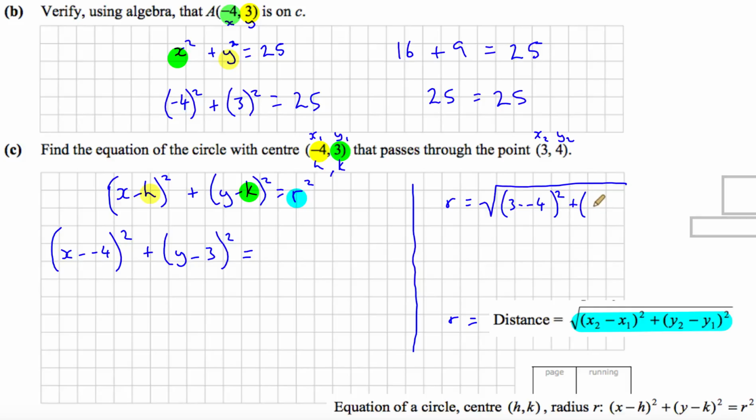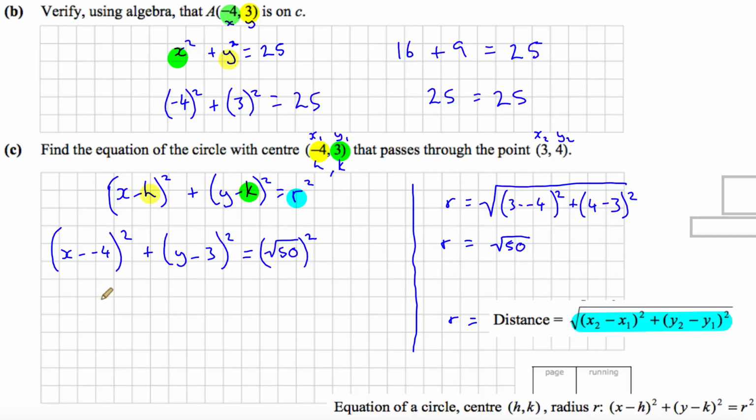Plus the value of y2, which is 4, minus our y1 value, which is 3, and that's going to be squared. So you can put all of this into the calculator. And that gives us a value of root 50. You can just leave it in surd form, don't put it into a decimal or anything. So the radius is root 50. But remember that root 50 is squared.